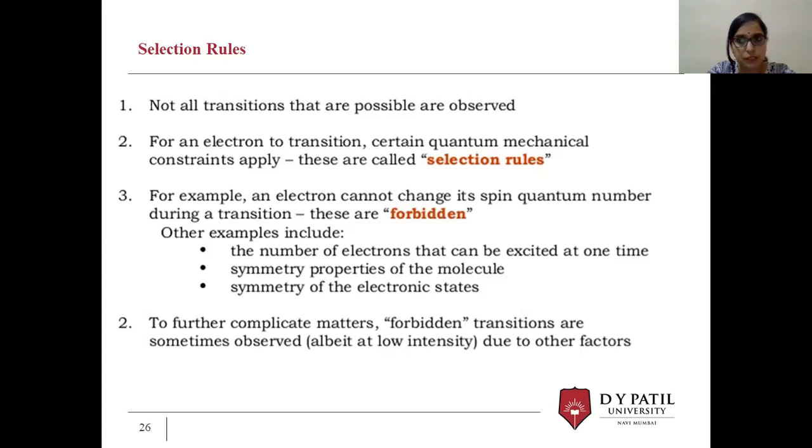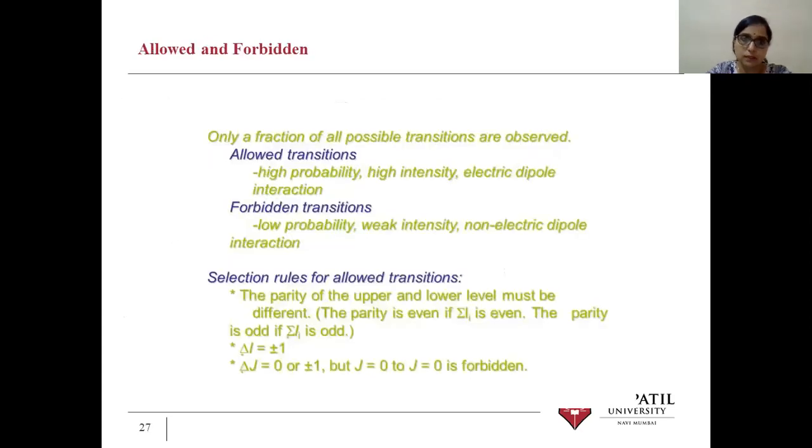So here we will just consider the selection rules which are important for a transition to be allowed or forbidden. To further complicate matters, forbidden transitions are sometimes observed at low intensity due to many more factors.